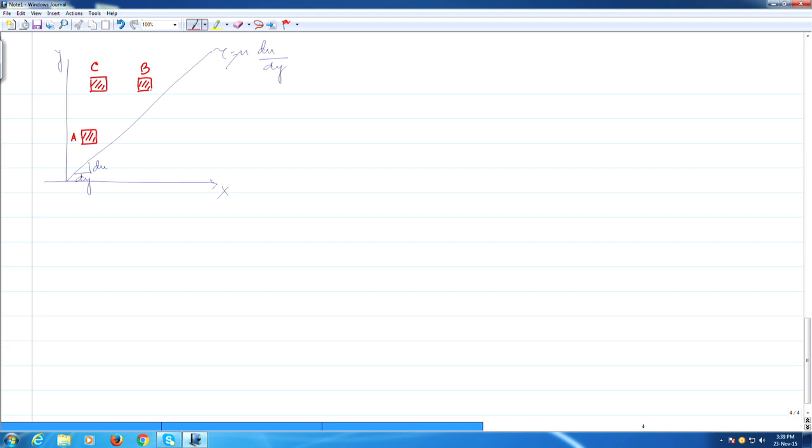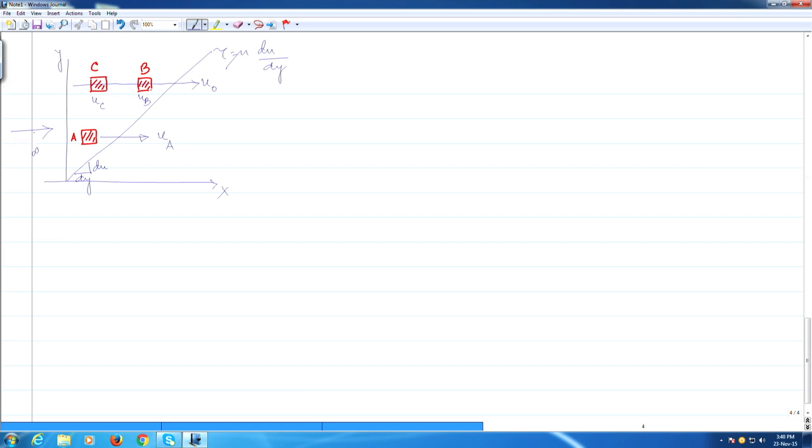So now this thing is moving with a velocity UA. This thing is moving with the velocity UB, and this thing is moving with the velocity UC. Essentially, these two are moving with the same velocity, U naught. So this is the free stream velocity, which comes in here.